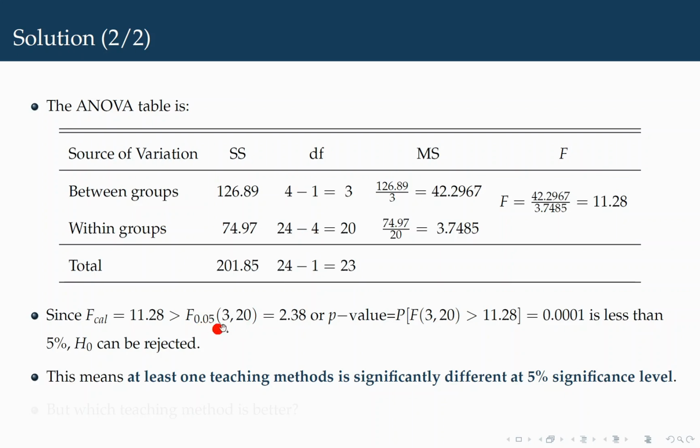You can easily obtain this value from an F distribution: F at alpha equals 0.05 and 3 and 20 degrees of freedom. So the calculated value is greater than the tabulated value. Or you can obtain the p-value using statistical software as 0.001. So using either of the two cases, we can decide that H0 can be rejected.